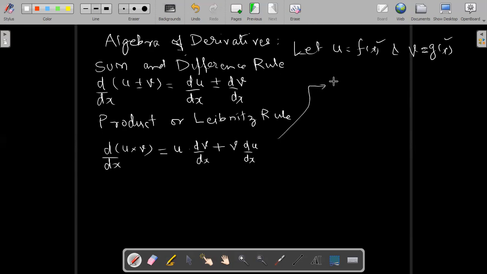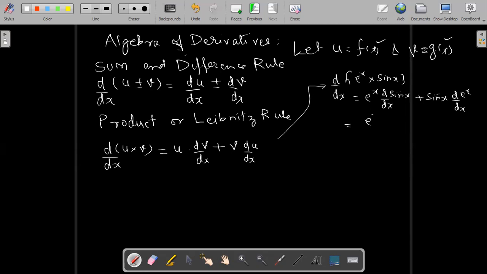How will it be used? Suppose you have to find d by dx of the product of two functions, e to the power x into sin x. What will you do? First function as it is, e to the power x, differential of the second function d by dx of sin x, plus you leave sin x and d by dx of e to the power x.